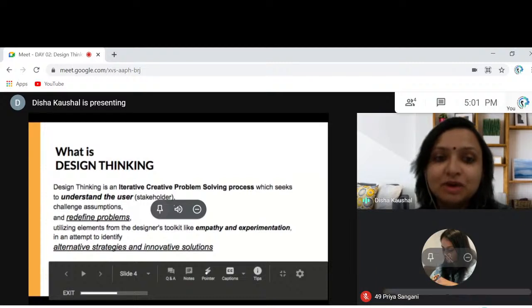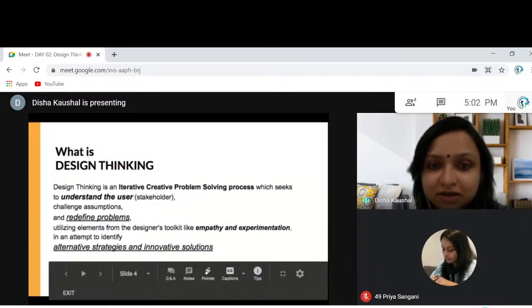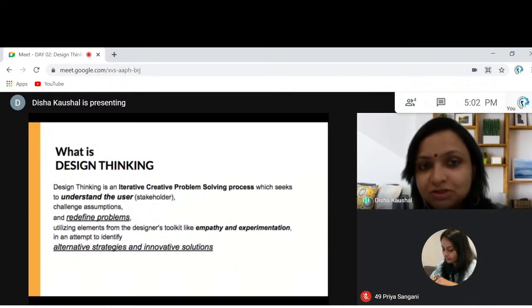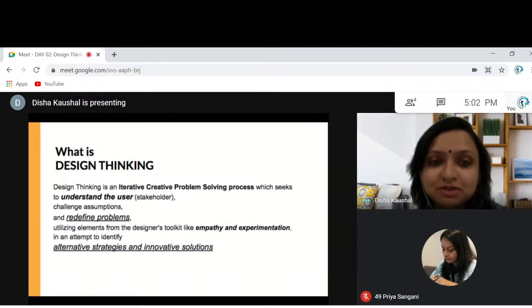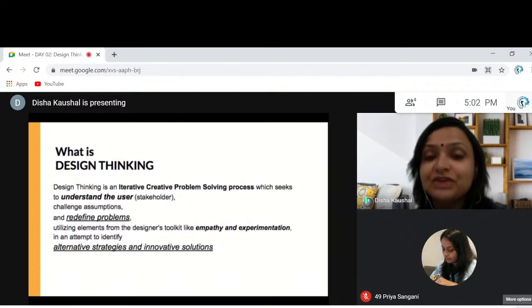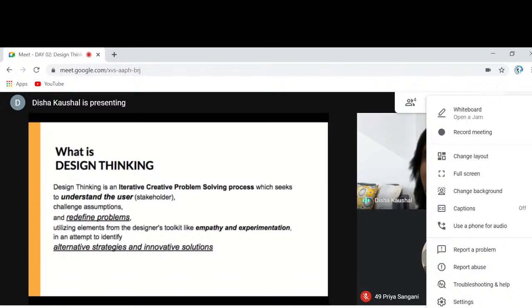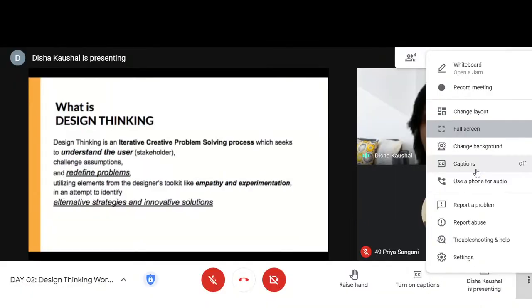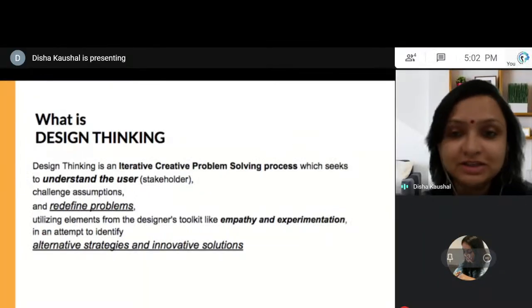Design thinking is an iterative, creative problem solving process to understand the user, challenge assumptions, redefine problems, using elements from a designer's toolkit, which are empathy and experimentation, in order to come up with new solutions and alternative strategies.